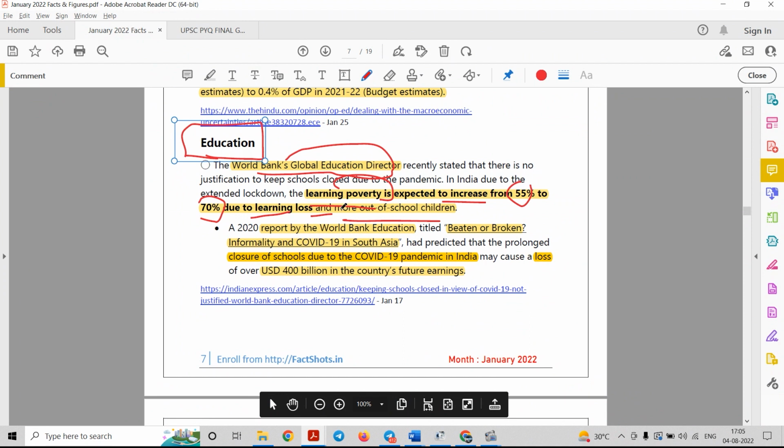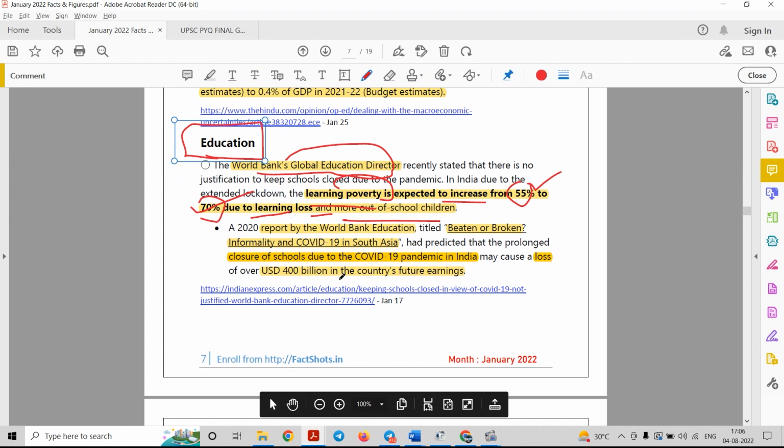But many children cannot access the internet because of remote habitations, or because of lack of network, or lack of devices like tablets, smartphones, etc., right? Because of all these issues, many children couldn't access quality education because of this particular disaster, that is COVID-19. And this has resulted in the increase in learning loss, from 55% to 70%, right?